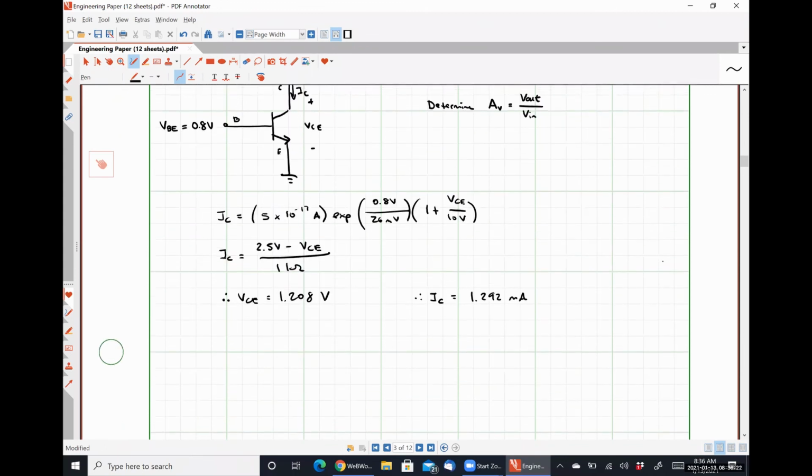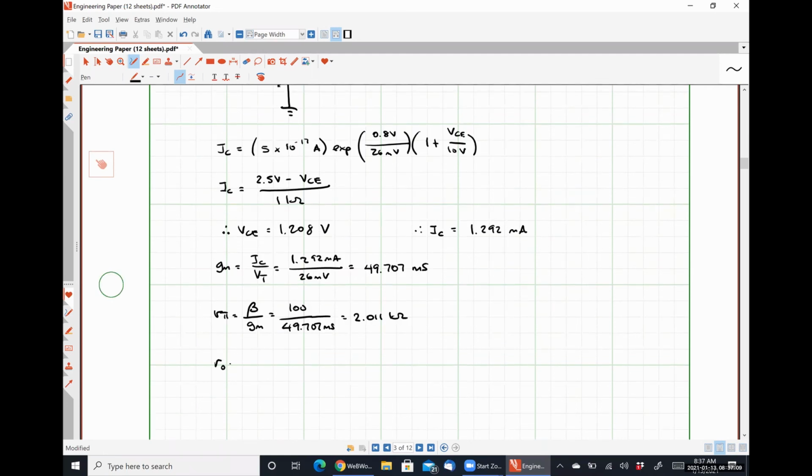Now we can get into our small signal parameters. Transconductance, again, is defined simply as IC over VT. So that's 1.292 milliamps divided by 26 millivolts, which gives us 49.707 millisiemens. r_pi is beta over gm, so that is 100 over 49.707 millisiemens, which gives us 2.011 kilo ohms.